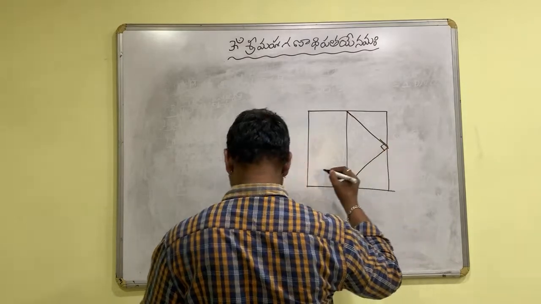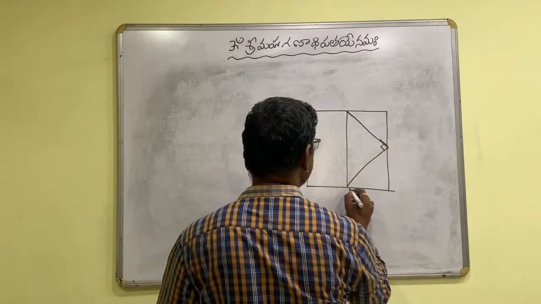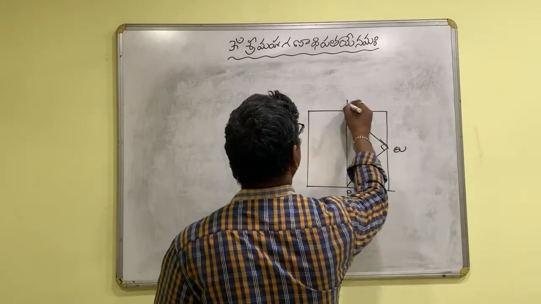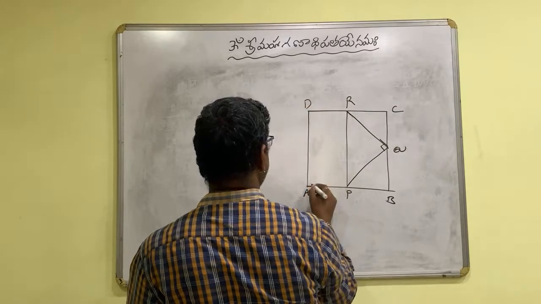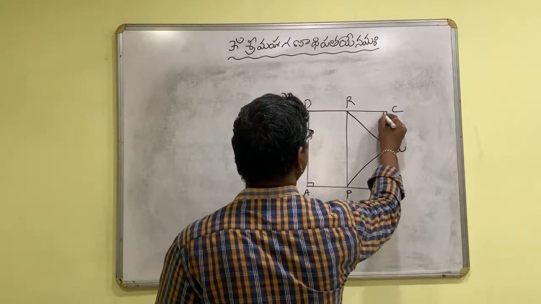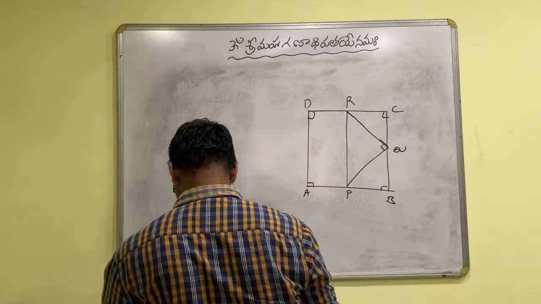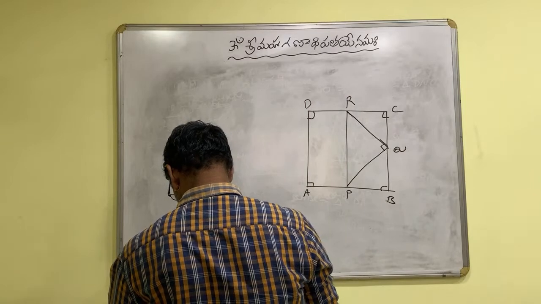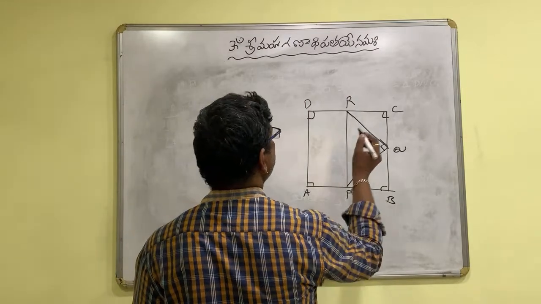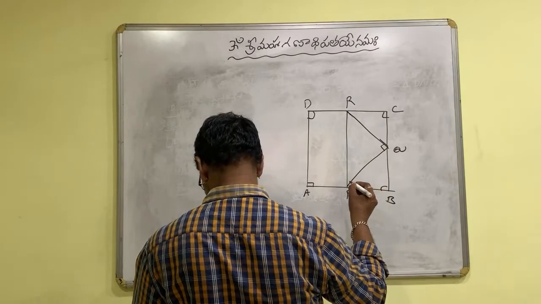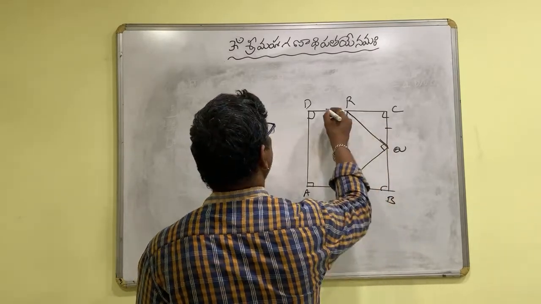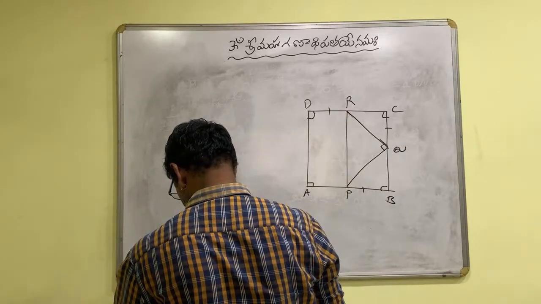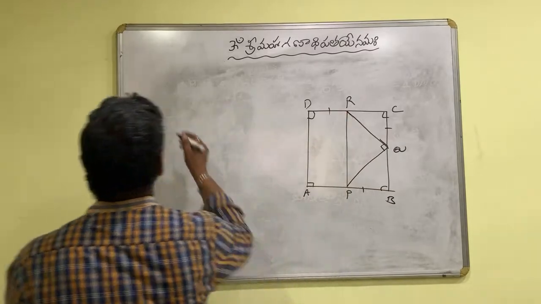ABCD is a square, and you know that each angle in a square is 90. And what is given? PB, QC, and DR are equal. We need to prove that.